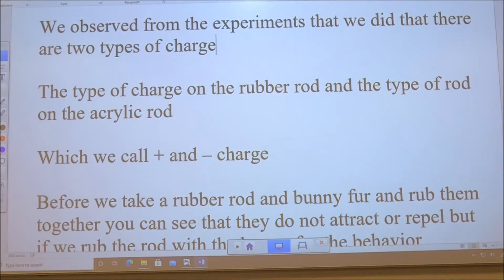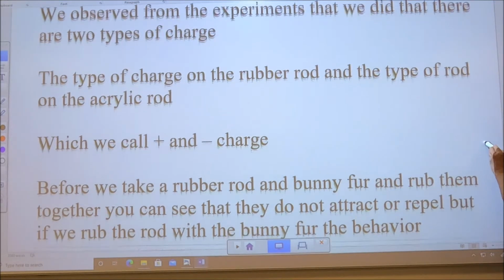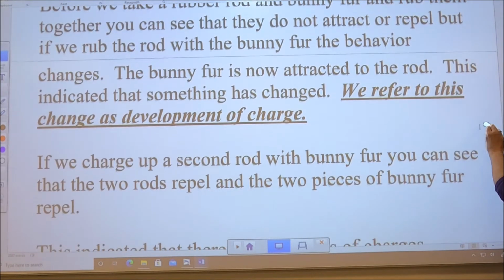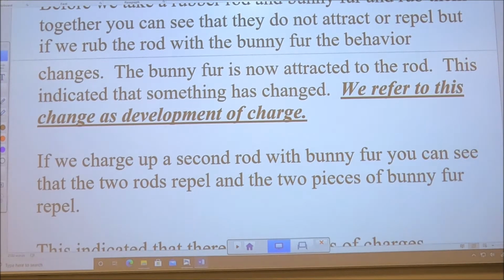By rubbing the rod with the bunny fur, we did charge development. We took two things that weren't charged and we created objects that were charged.